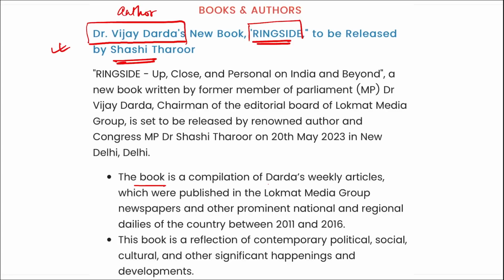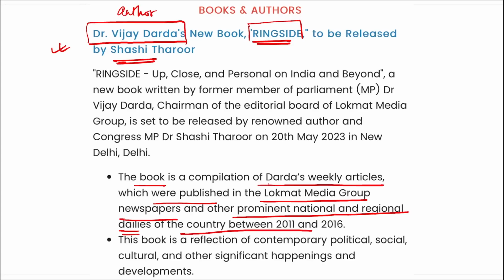This book is a compilation of Darda's weekly articles which were published in the Lokmat Media Group newspapers and other prominent national and regional dailies of the country between 2011 to 2016. This book is a reflection of contemporary political, social, cultural, and other significant happenings and developments. Correct?